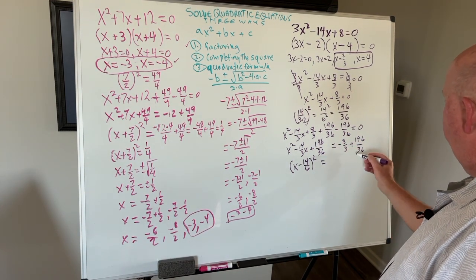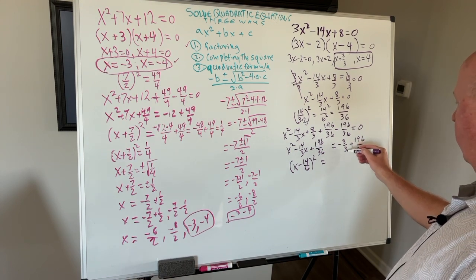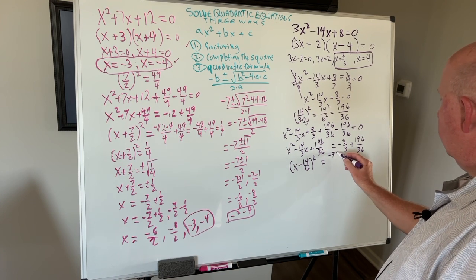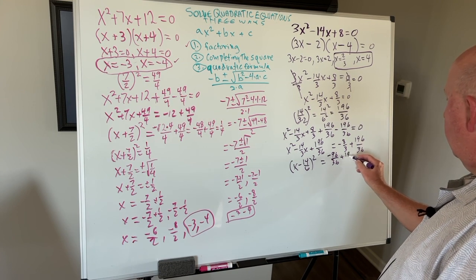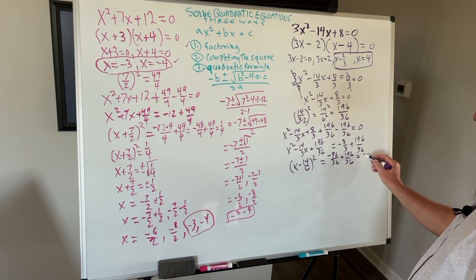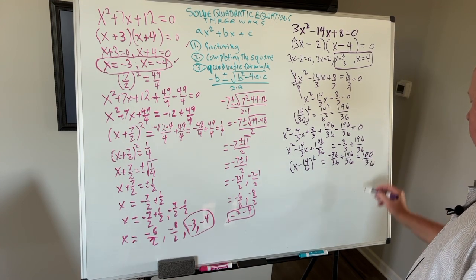Equals. And then I'm going to get a common denominator of 36, so I'm going to multiply top and bottom by 12. And this happens to be negative 96 over 36 plus 196 over 36, which happens to be 100 over 36.